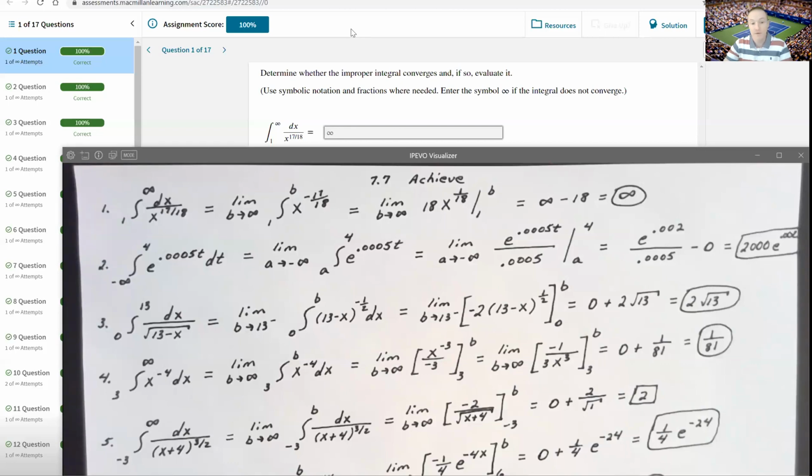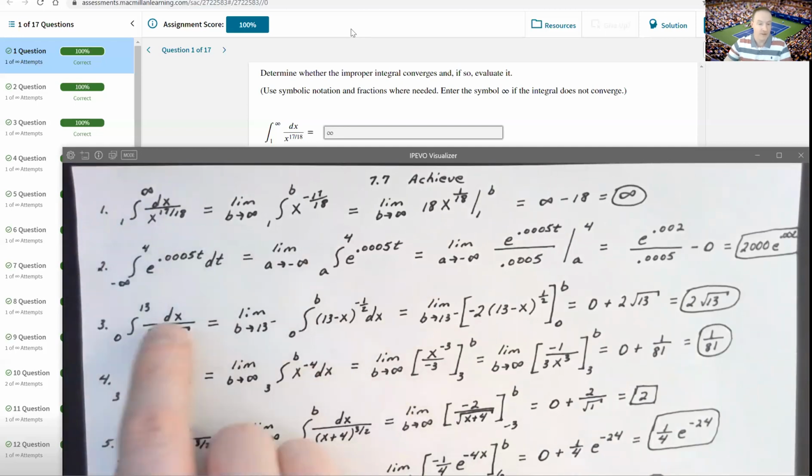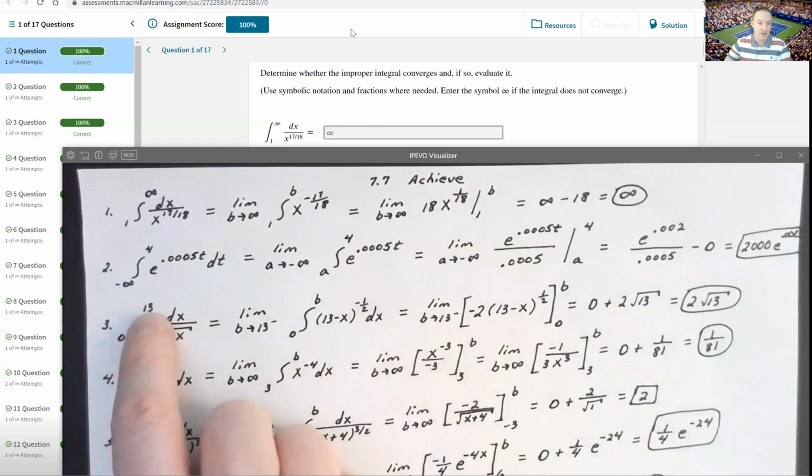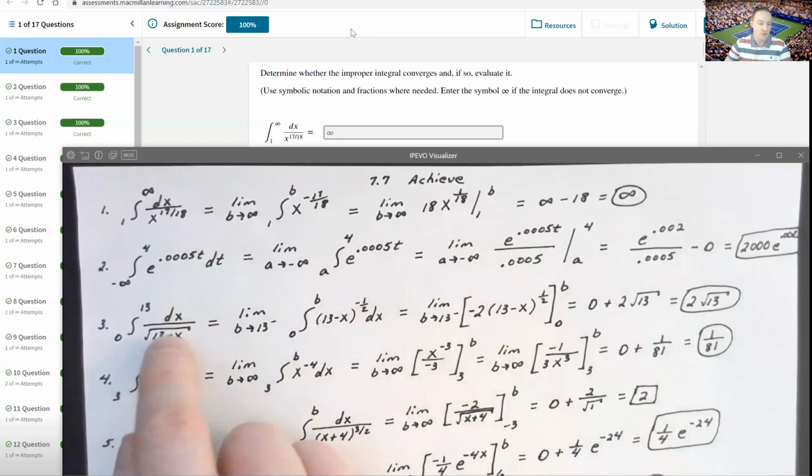So most of the problems will consist of limits of integration in which the function on the inside would be undefined, whether that's an infinite limit of integration or a negative infinite limit of integration, such as in number 1 and 2, or like, for example, in number 3, where you're trying to have a limit of integration at which the function would be undefined.